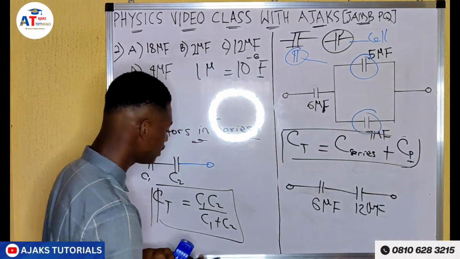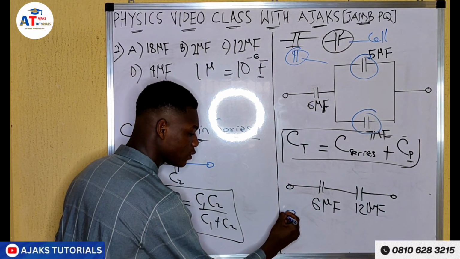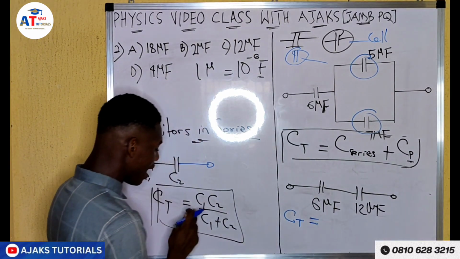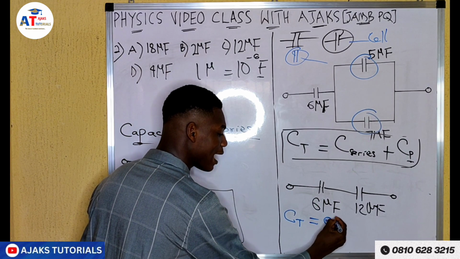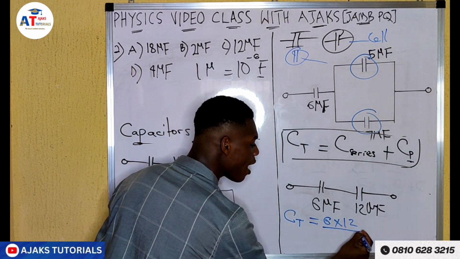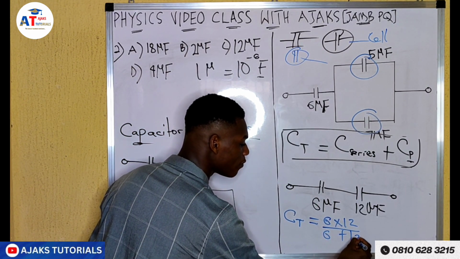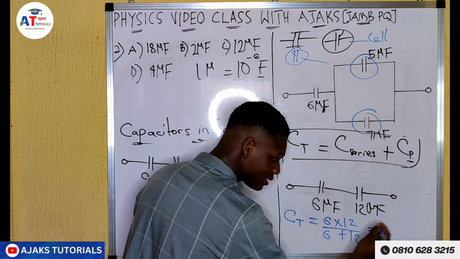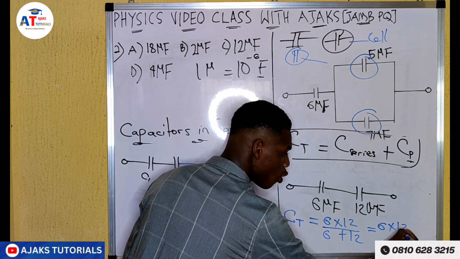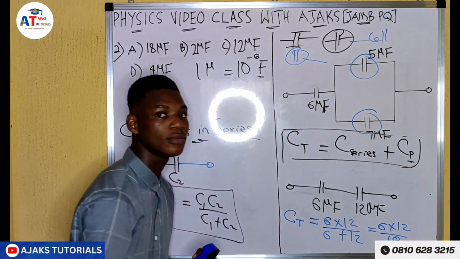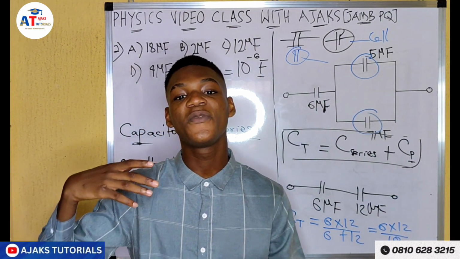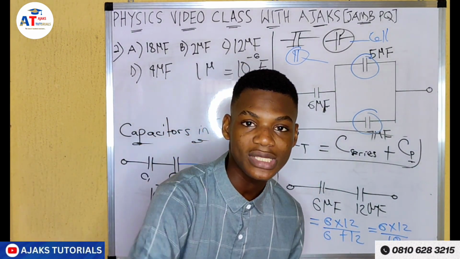For capacitors in series, I gave the formula. So C total, the equivalent capacitance, is equal to C1 C2 over C1 plus C2, which is 6 times 12 over 6 plus 12. Now 6 plus 12 is 18, so 6 times 12 over 18. This is a JAMB question. I tell my students, don't be quick to give the total answer.